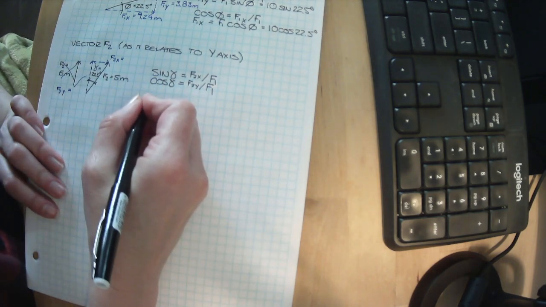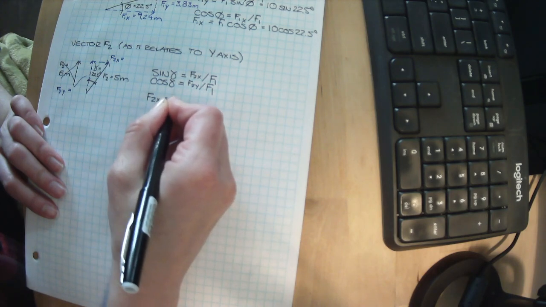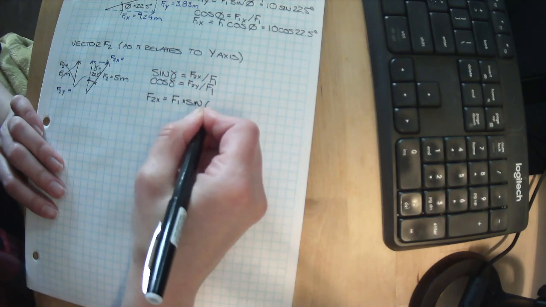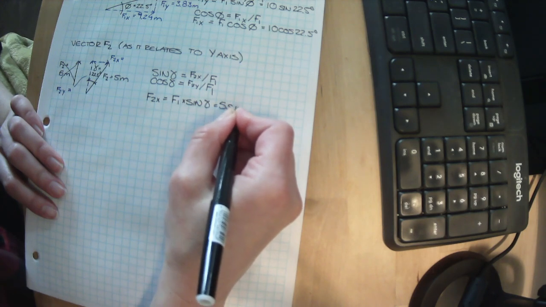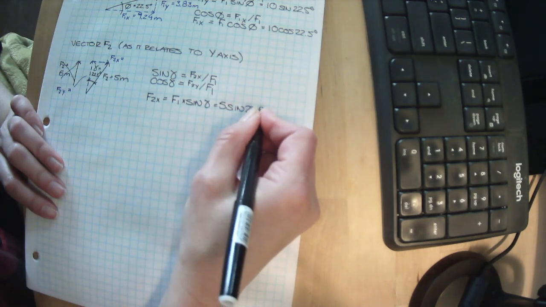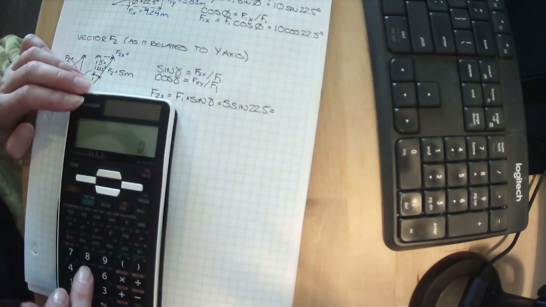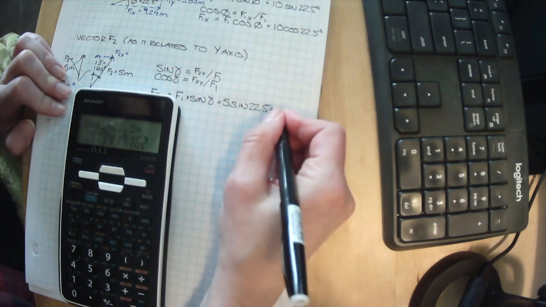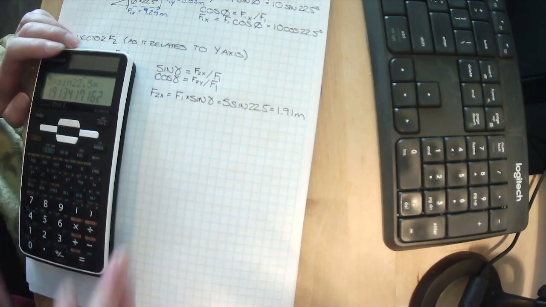All right, so F2x equals F2 times the sine of our angle, or 5 times sine 22.5. So 5 times the sine of 22.5 is 1.91 meters.